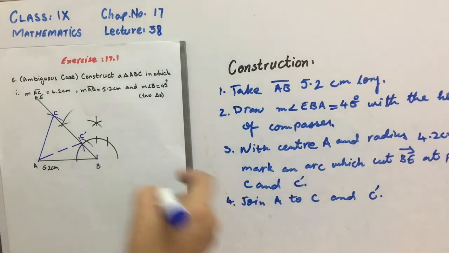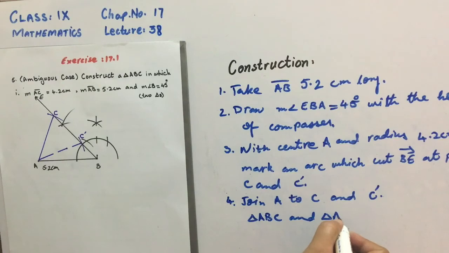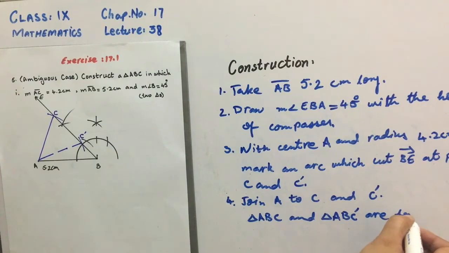Now two triangles are formed. It means triangle ABC and triangle ABC complement are formed.